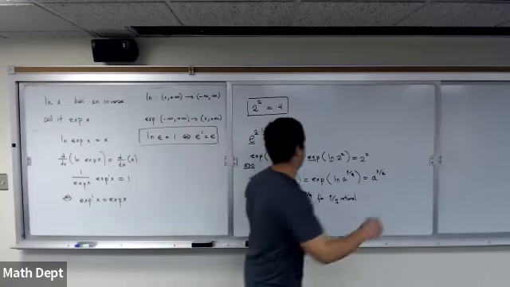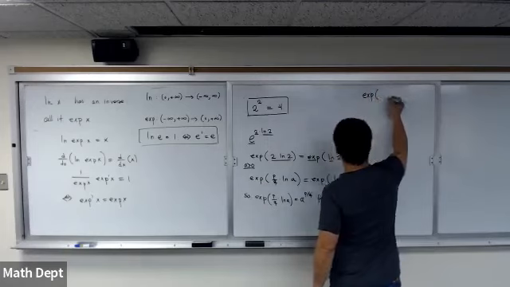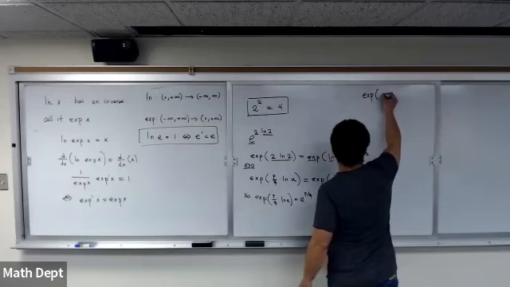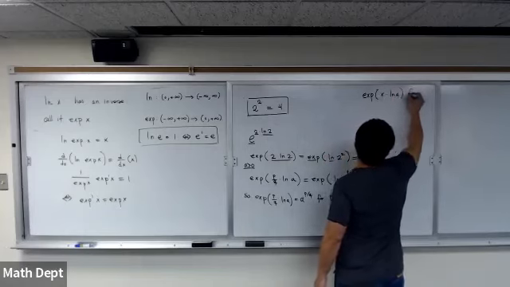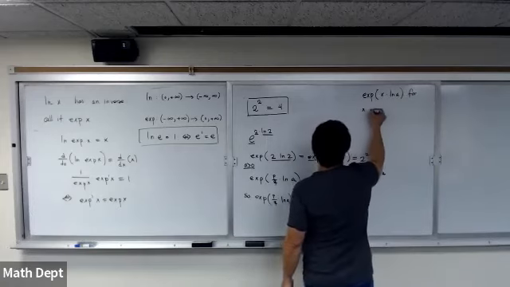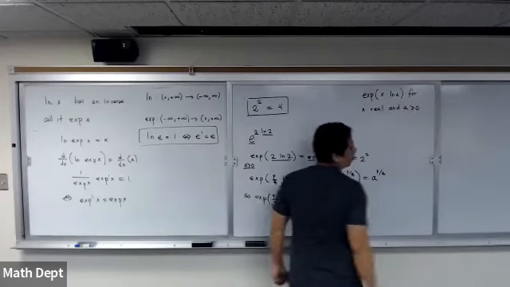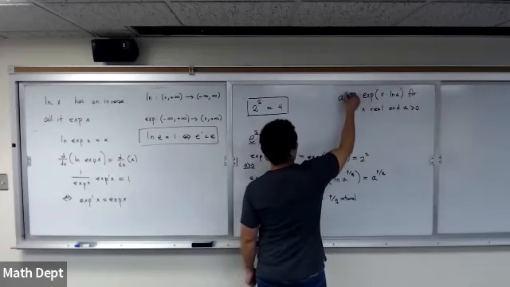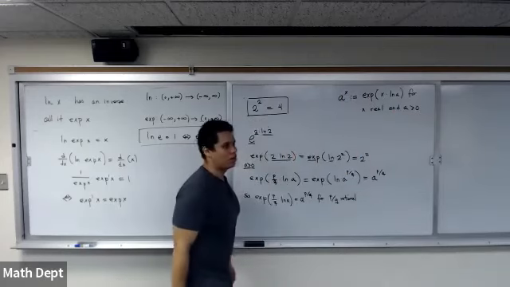This one. x of, well, now I can use any number, x times ln of a, for x real and a positive. So now we define a to the power of x to be that function.